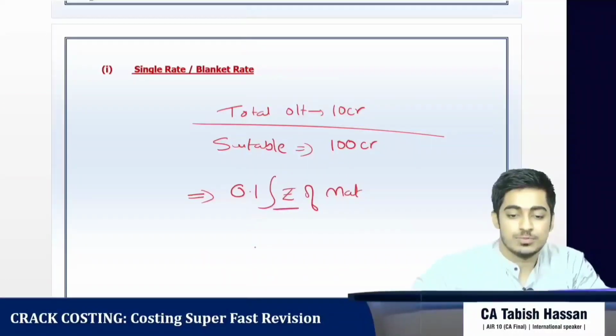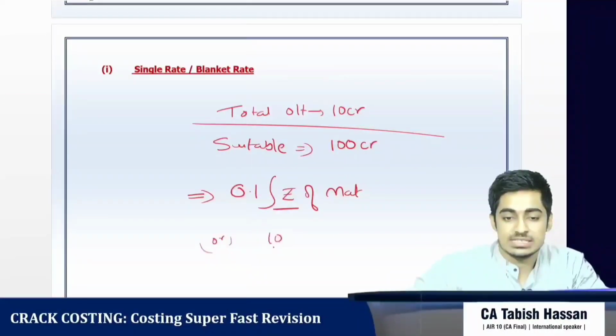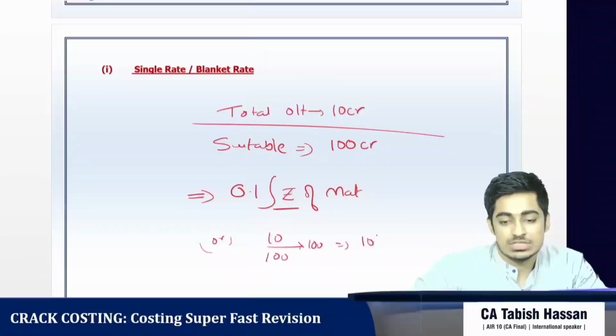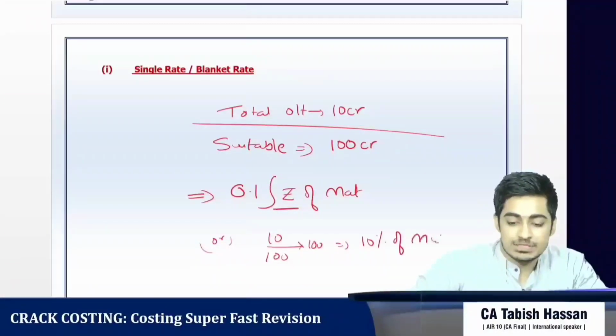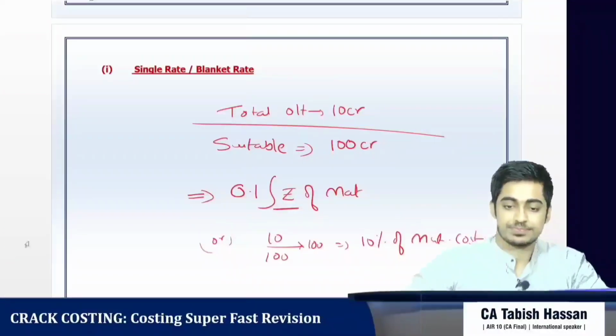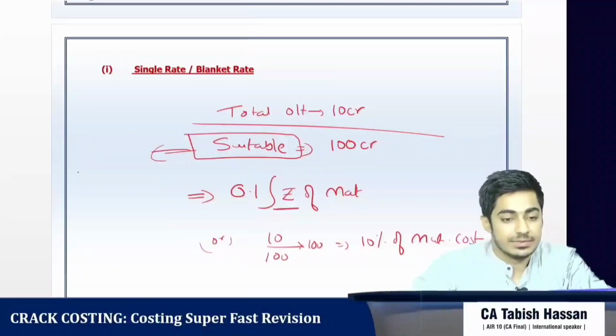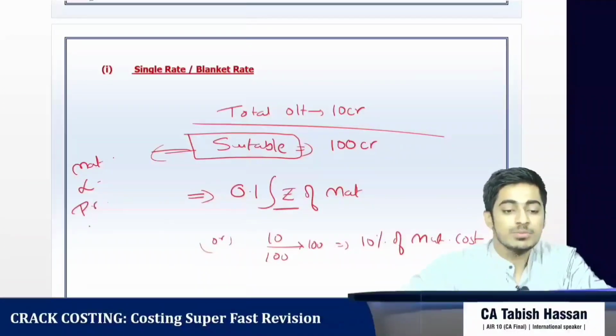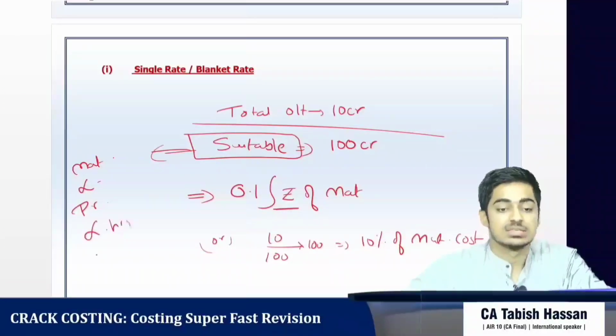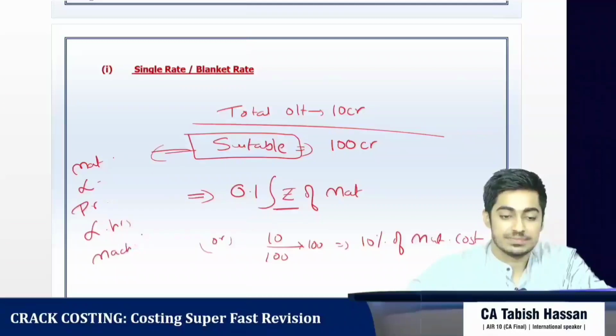Or we can also say it as 10 crore by 100 crore into 100, which gives us 10% of material cost. The basis here would generally be either material cost, labor cost, prime cost, labor hours, or machine hours. It would generally be given in the question.